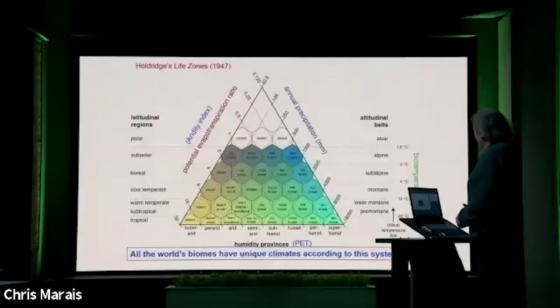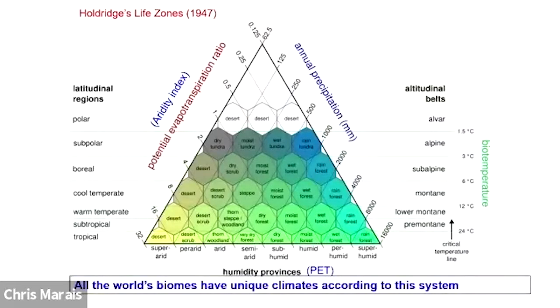So this began to get more and more sophisticated, or more and more ludicrous, depending on your perspective. This is a system developed by Holdridge, and it looks incredibly complicated. I don't begin to say that you should try and understand how it works. All it is really saying is, if you know the rainfall and if you know the temperature, then you can predict precisely which biome you have in any given little climate.